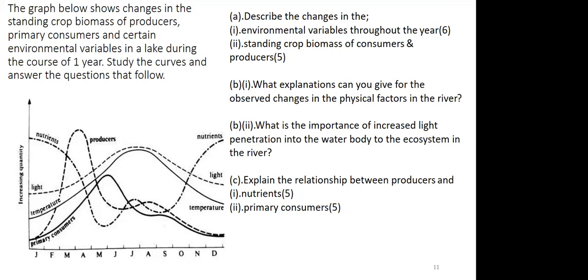Okay, and when the temperatures rise, of course, now we see how this temperature and the light will affect our producers. I hope we are getting somewhere. I'm just giving you a hint on what should guide your thinking or your thought process.